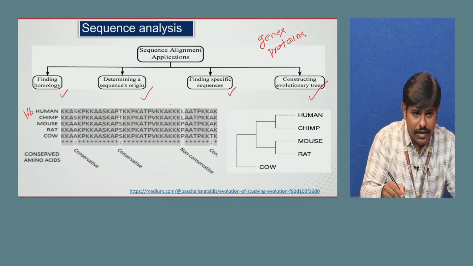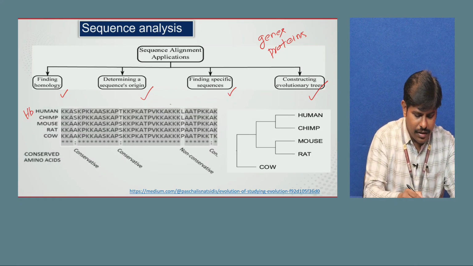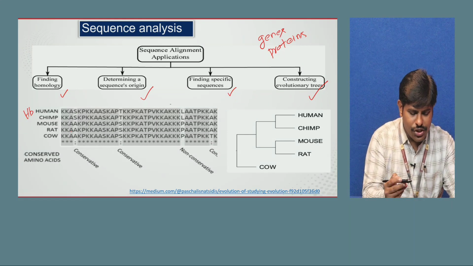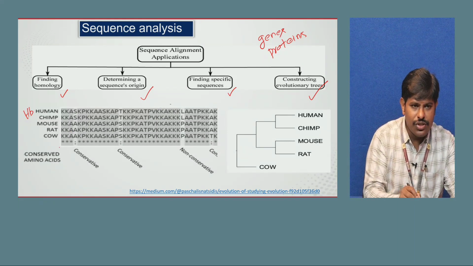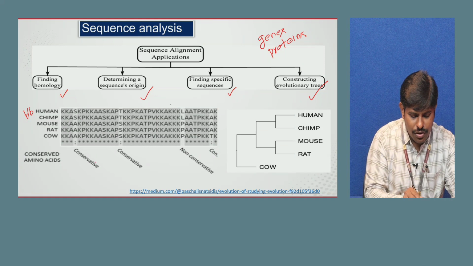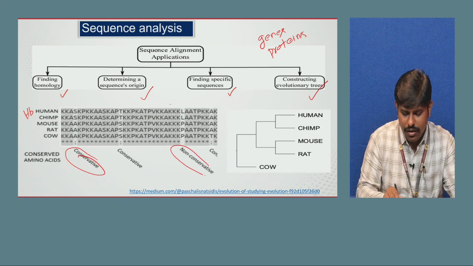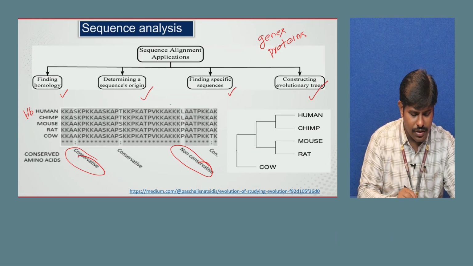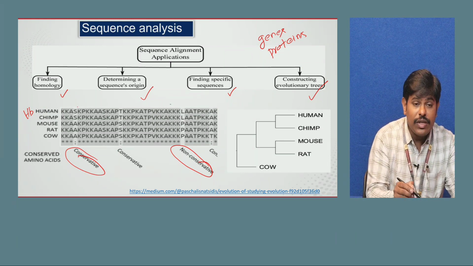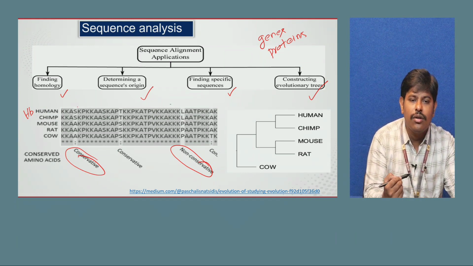So in this sequence, you can define the positions of the aligned sequences into conservative sequences and non-conservative sequences. Conservative sequences don't undergo much change, whereas non-conservative ones undergo change here.